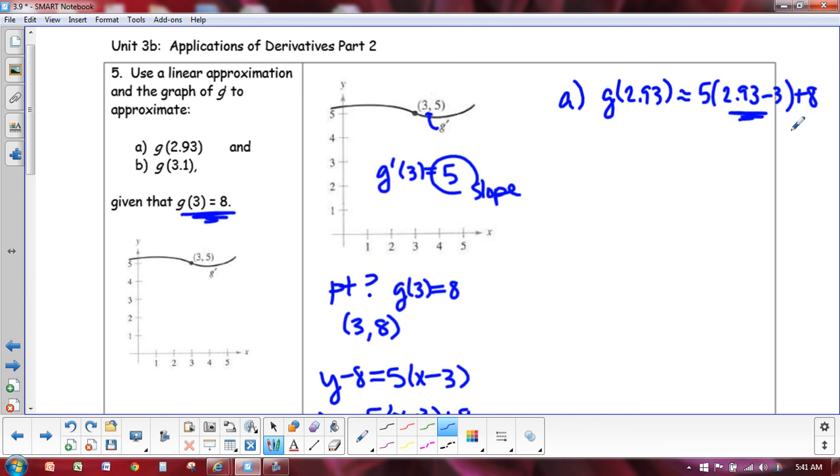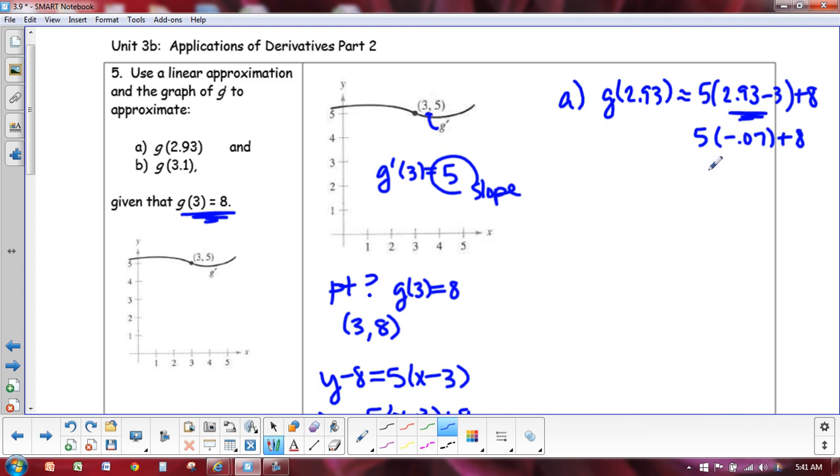So 8 minus 0.35 would be 7.65. And again, that would be g of 2.93 is approximately equal. In the in-between, you could use an exact equals, because that top line to that middle line are exactly equal.